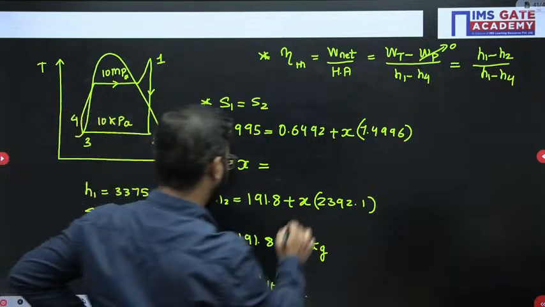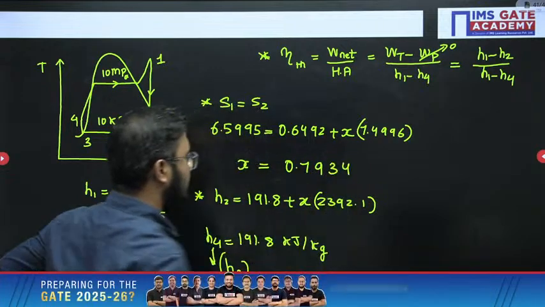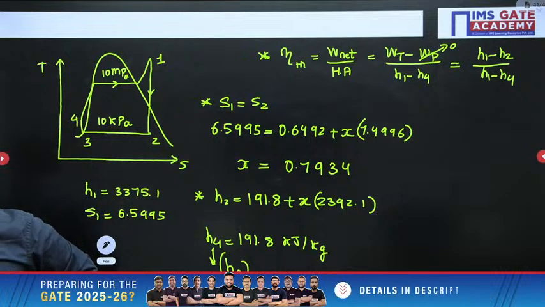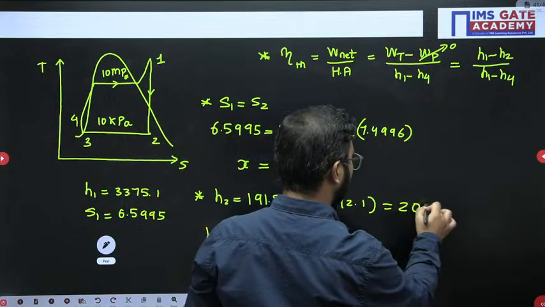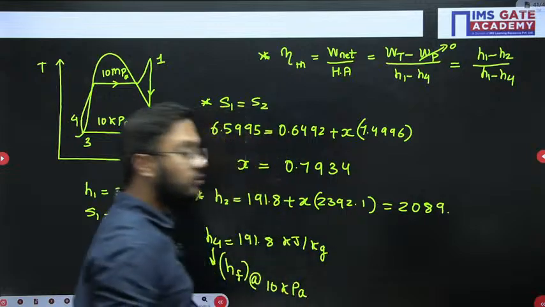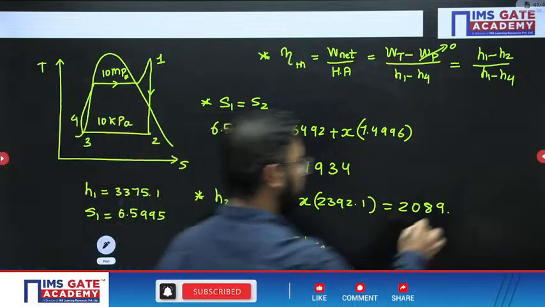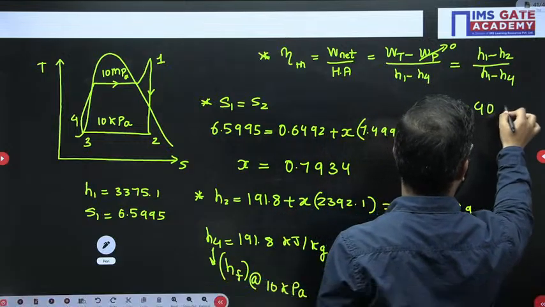Yes, absolutely correct. 0.79 it is coming, 0.7934 to be precise. And I will directly write down the values. H2 is coming as 2089.69, and the thermal efficiency is coming as 40.3%.